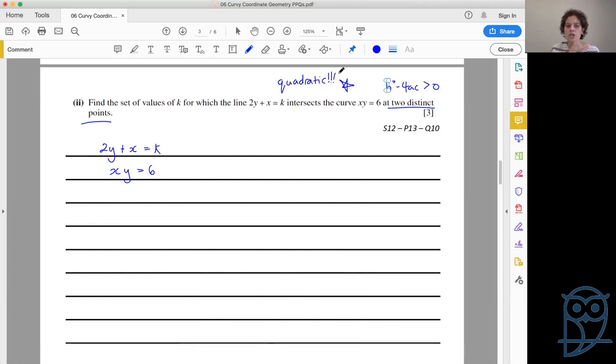So you have to think a little bit nicely here and say, neither of these is a quadratic. But when I put them together, we're going to have magic.